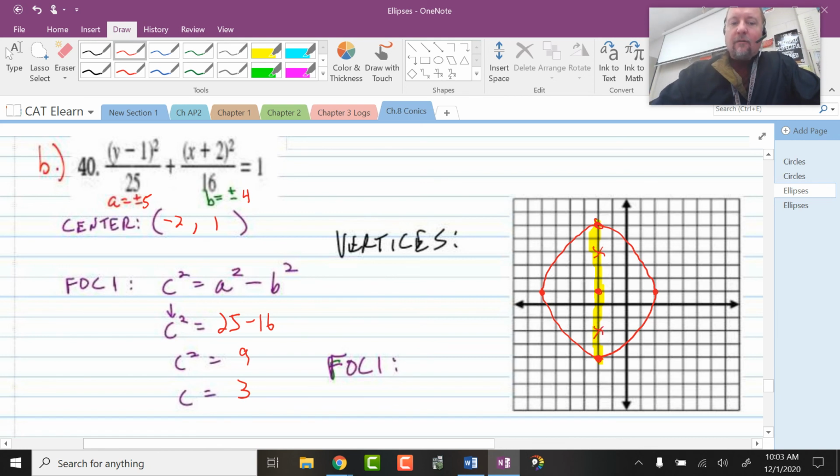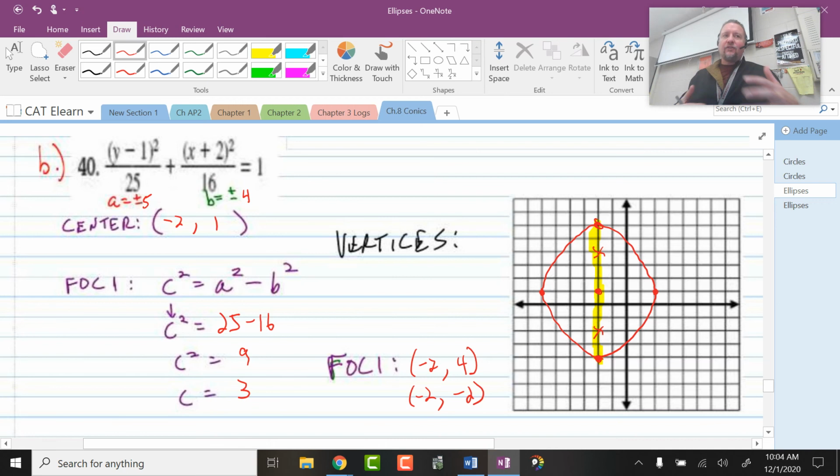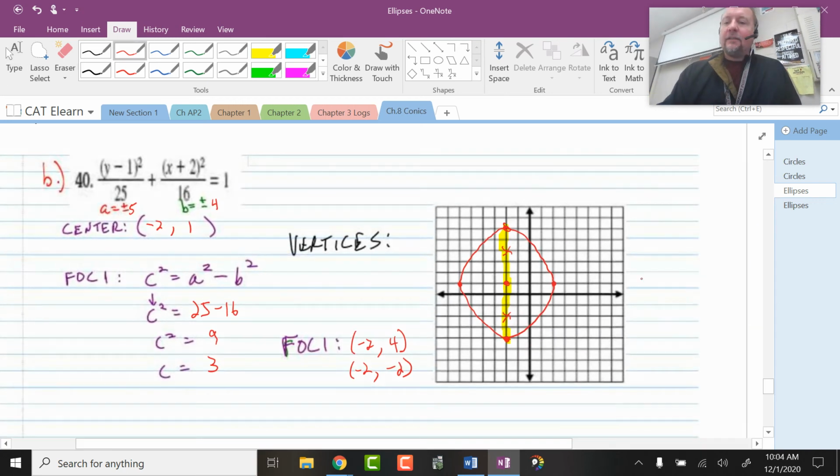So the foci are actually -2 comma 3 up from 1, -2 comma 3 down from 1. And you don't want to write that as plus minus 3 because that actually evaluates. And then eccentricity is C, 3 over A, 5. Okay, it's 0.6. So not as big as the last one.